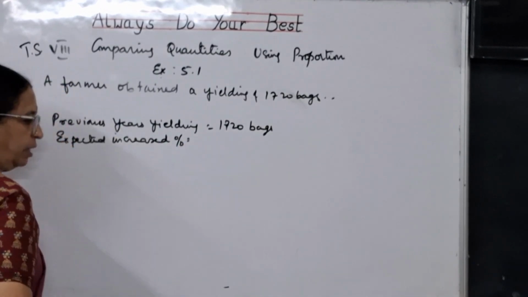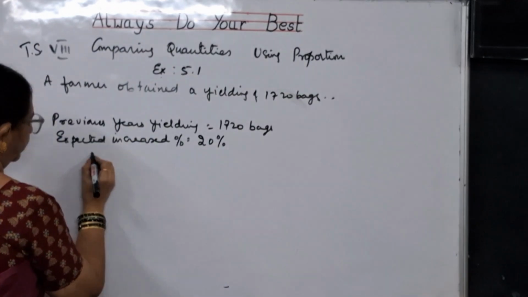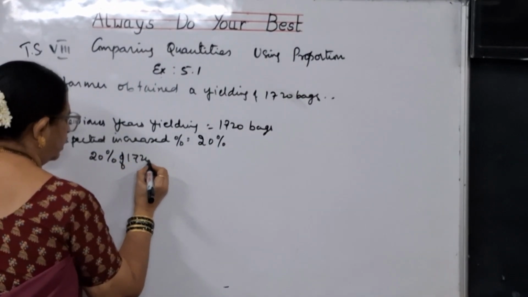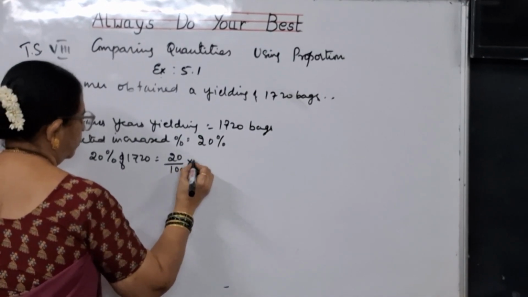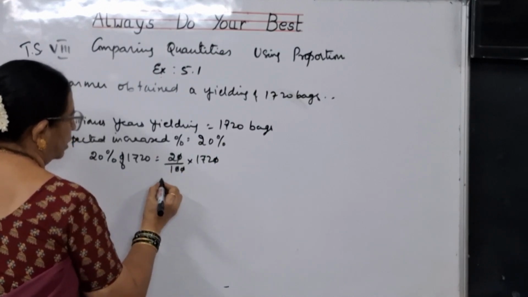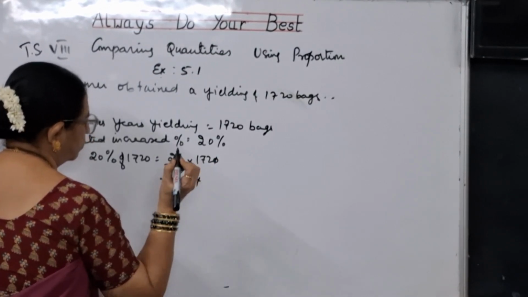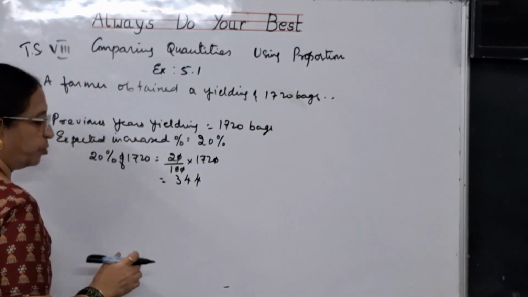How much is increased? 20%. So first let us find out 20% of 1720. That is 20 by 100 into 1720. 0 will get cancelled. 2 2s are 4, 2 7s are 14, 2 1s are 2, 3. So she is expecting 344 bags more.